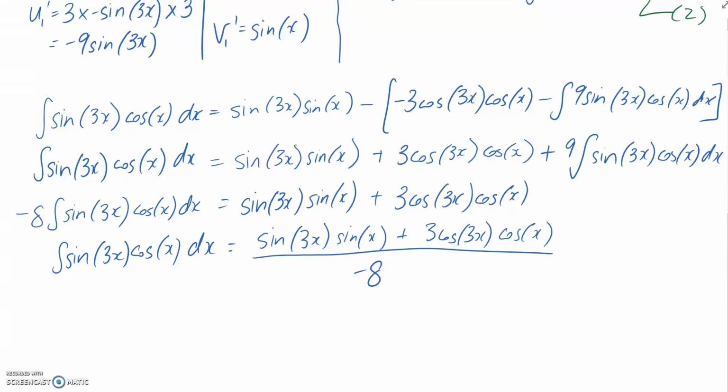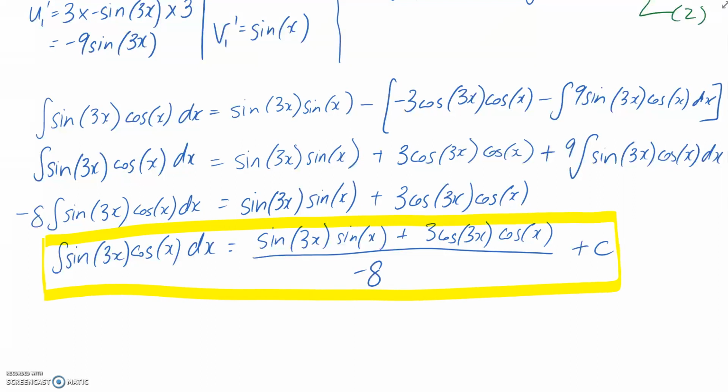And the only other thing I need to think about is this is an indefinite integral. So I need to answer my question with that little plus c on the end. So this here is one way of expressing that integral that we were looking for. That's pretty much all there is for this question.